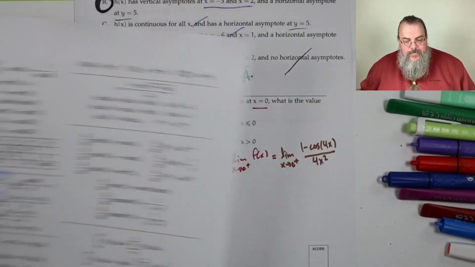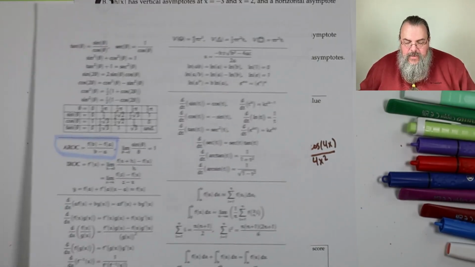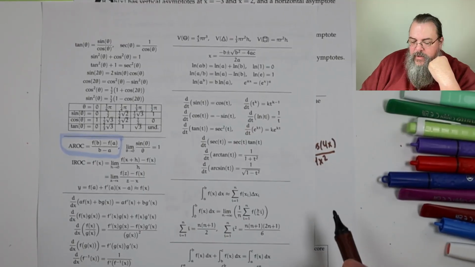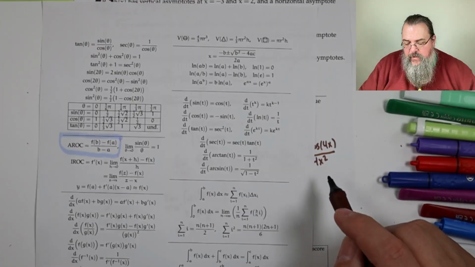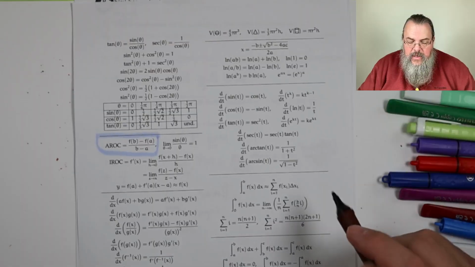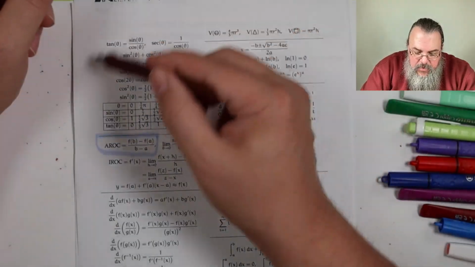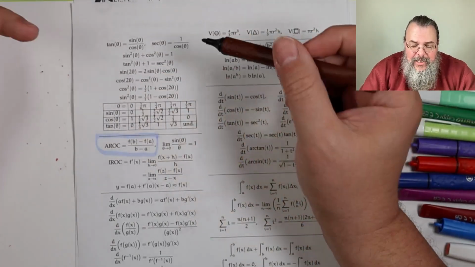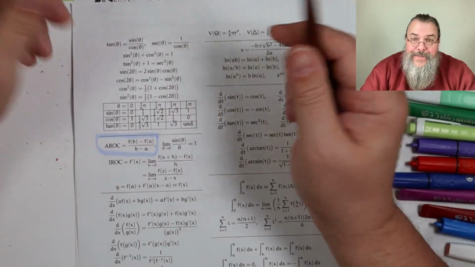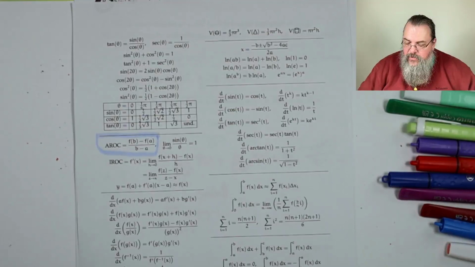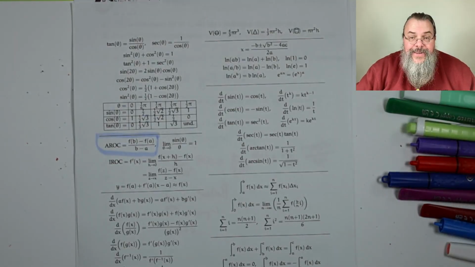There are a couple of things we can look for. Not a lot we can do with that 4x squared downstairs. Upstairs we have a 1 minus cosine of something. Skimming all this trig stuff, can we find anything that looks like a 1 minus cosine? And lo and behold, there is.